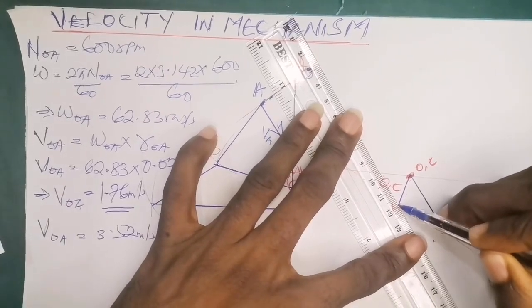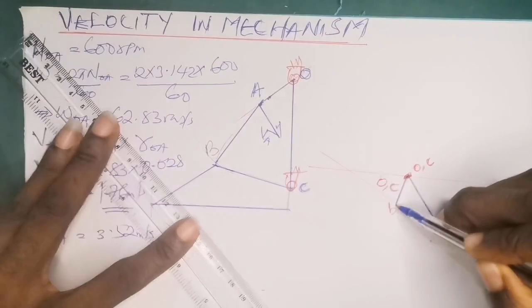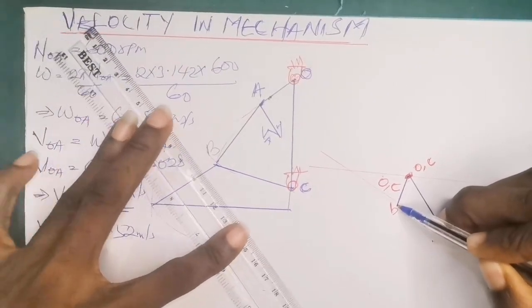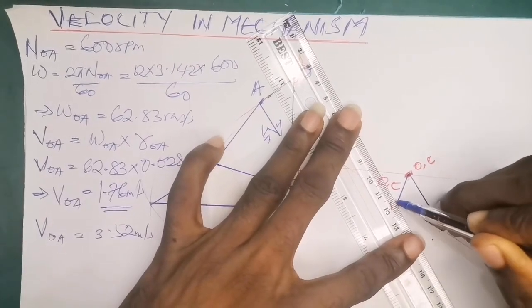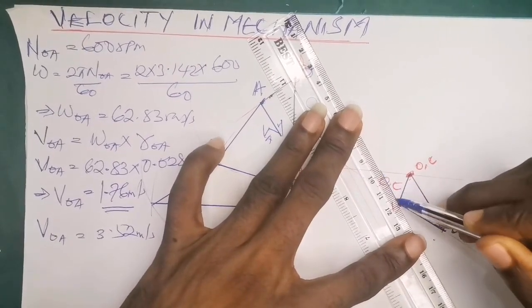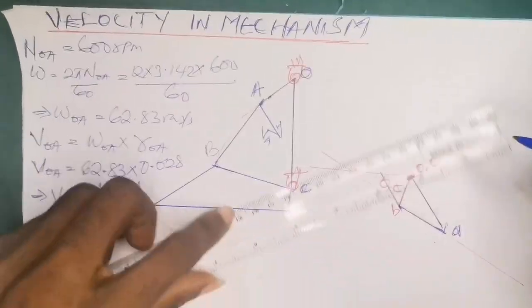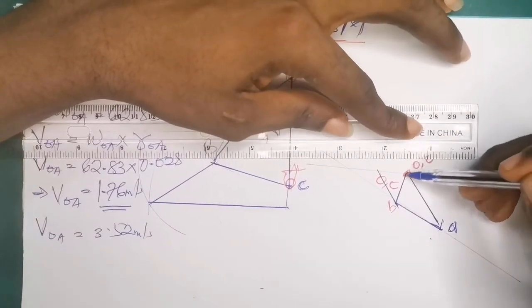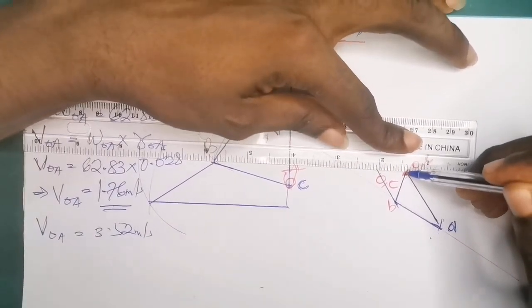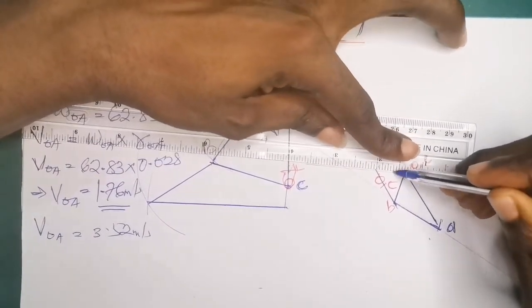Let's confirm this again. This is 90, this is 90. You can join with a thick line. This is where they intersect one another, and this is also where they intersect one another. Now you can join with a thick line.